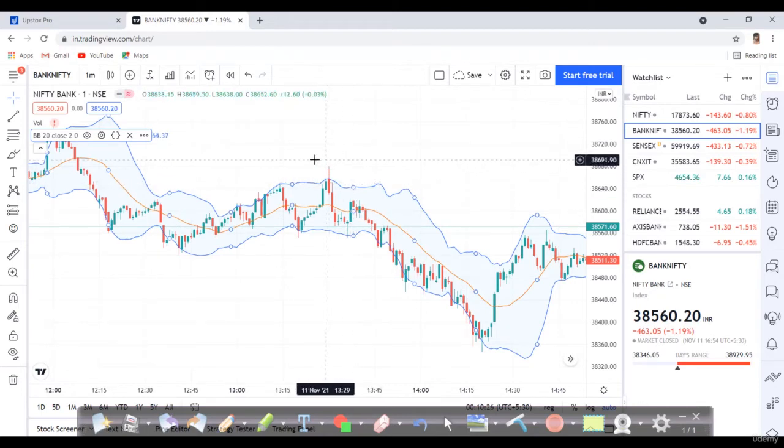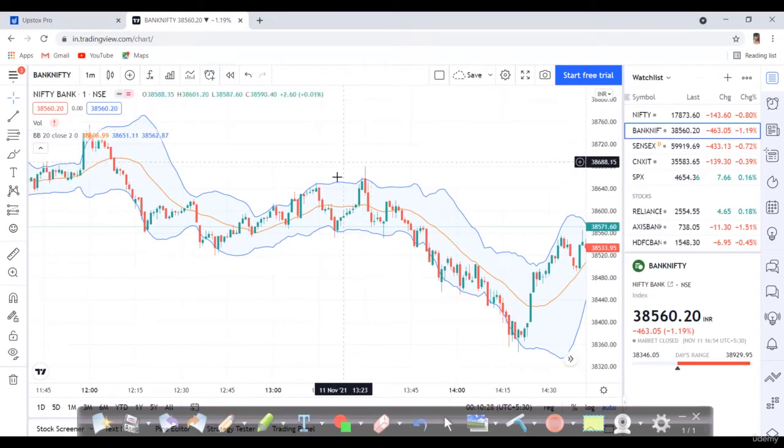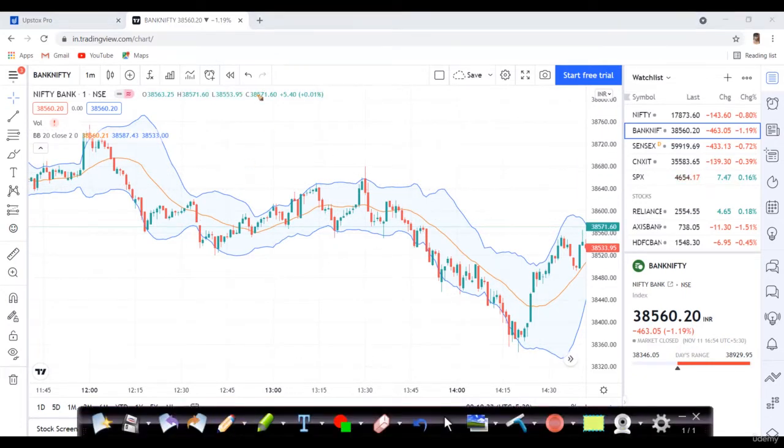Now the Bollinger Band will work best if and only if the market is sideways. How will it work? In a sideways market, it will touch the support, move upside, touch the support, move upside, touch the support. This pattern will happen.